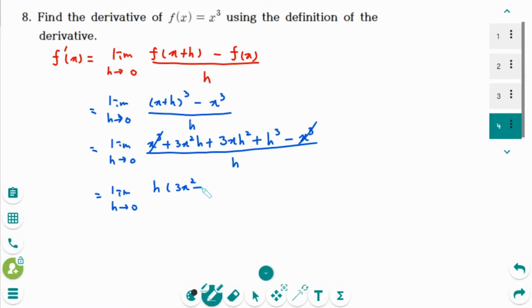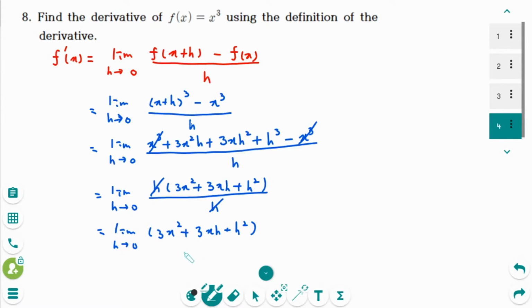3x squared plus 3xh plus h squared over h, then cancel the common factor, then the limit as h approaches 0 of 3x squared plus 3xh plus h squared.